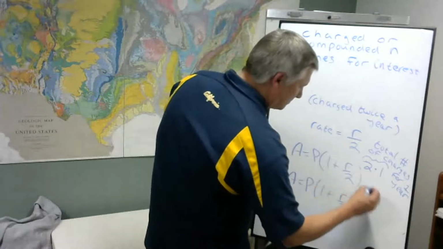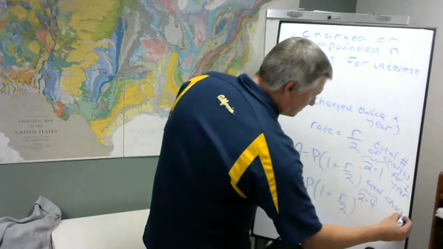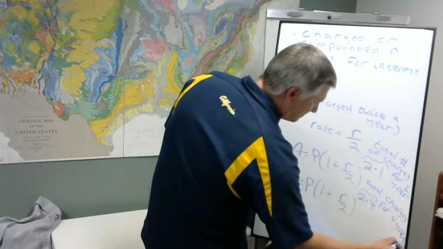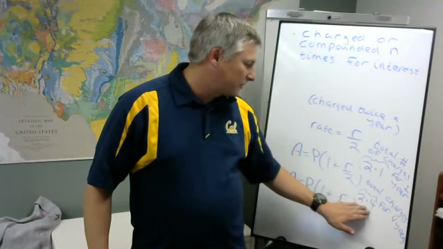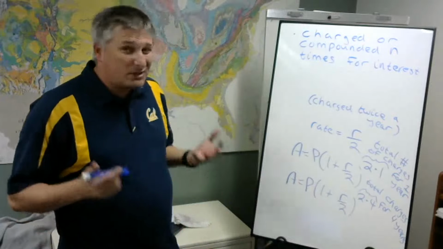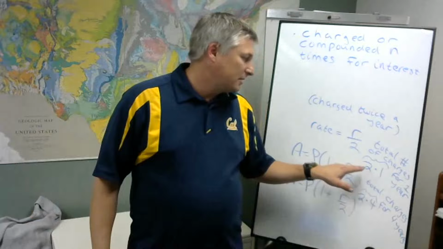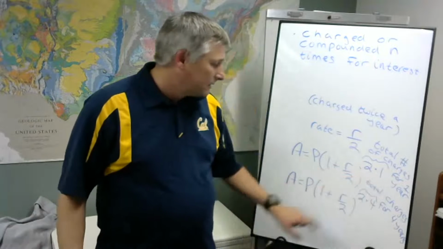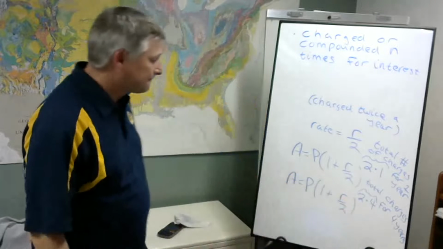Here are the total charges for 4 years. And again, because it's twice a year for 4 years, you're going to get 8. So in general, the total number of times you're charged is the number of times per year times the number of years. In this case, it was 1 year. Here it was 4 years.